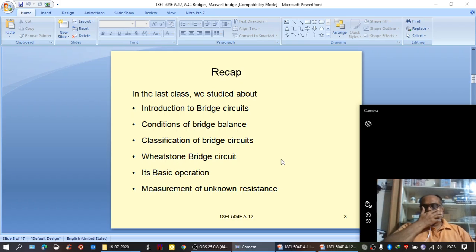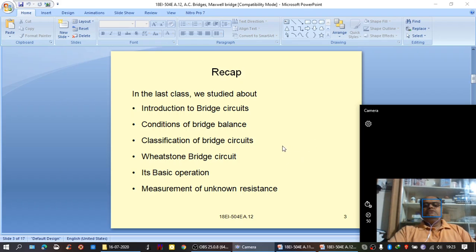Then, after analyzing the condition for bridge balance, when a bridge is said to be balanced, the output at the bridge should be 0.